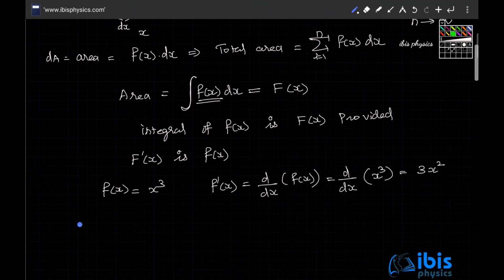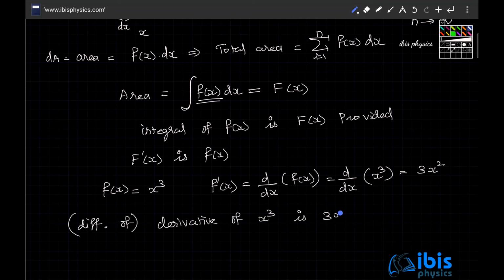So the differentiation, or you can say the derivative, of x cube is 3x square. That means the integral of 3x square dx must be equal to x cube.